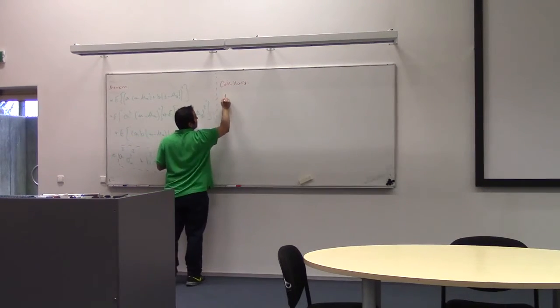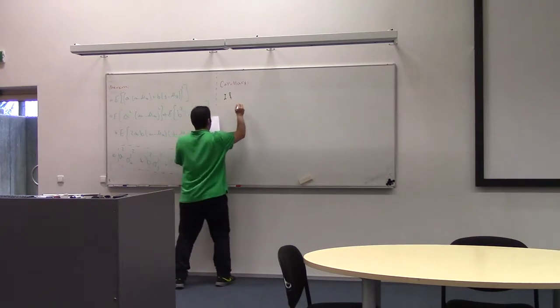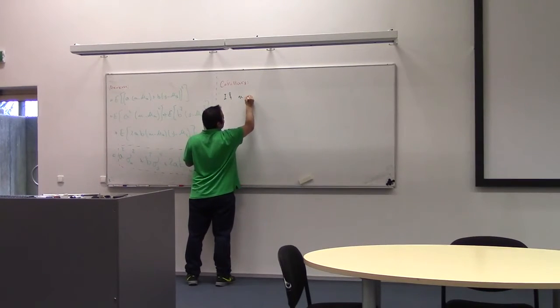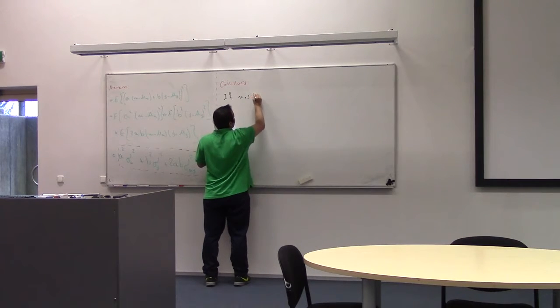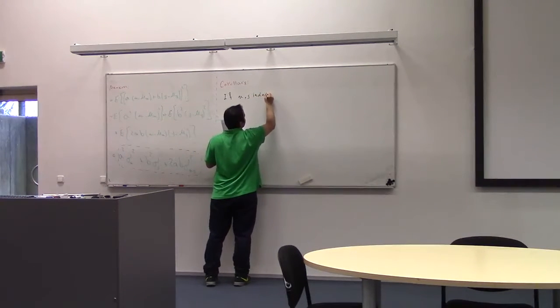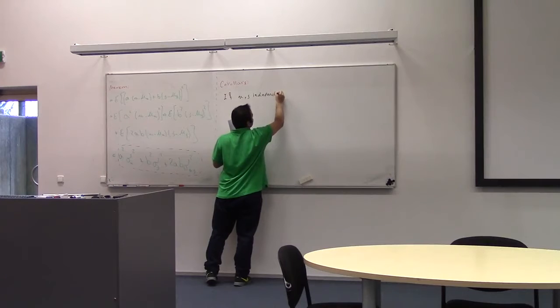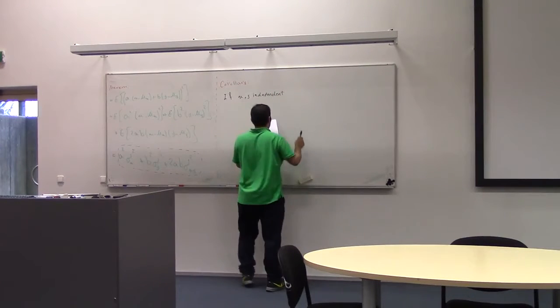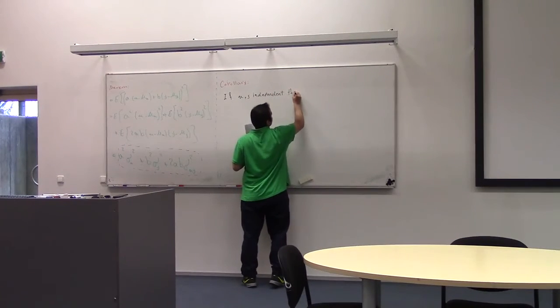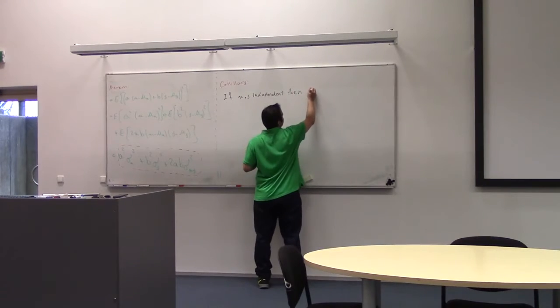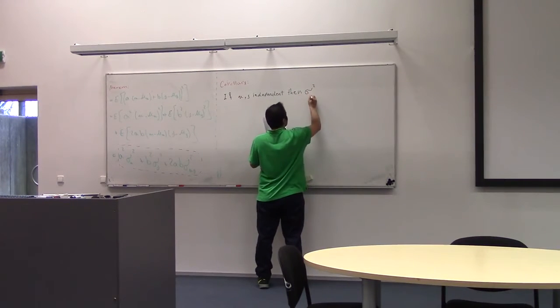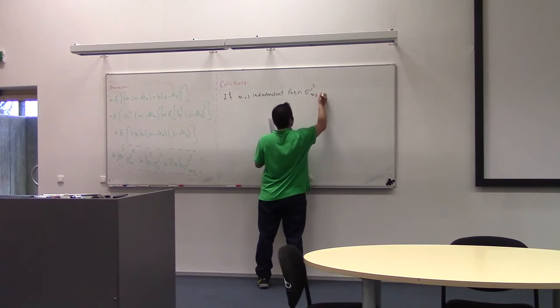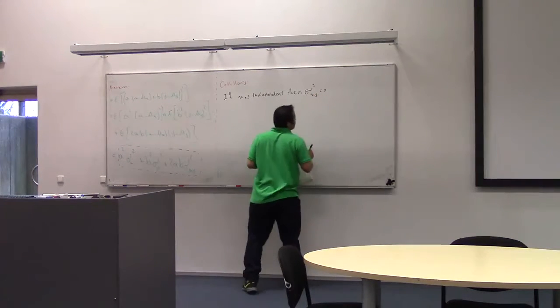If X and Y are independent, then we can say that σ_XY is equal to 0.